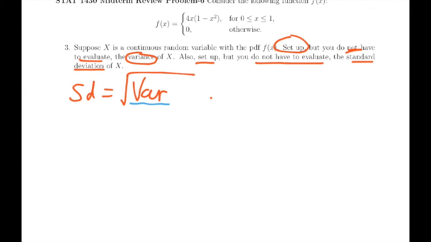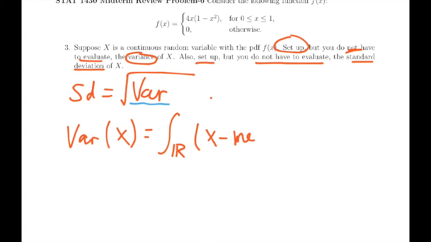So remember, the formula for the variance of a continuous random variable is given by the integral over the whole real line of x minus the mean, squared, times the PDF f(x).